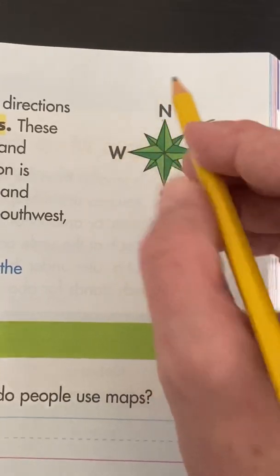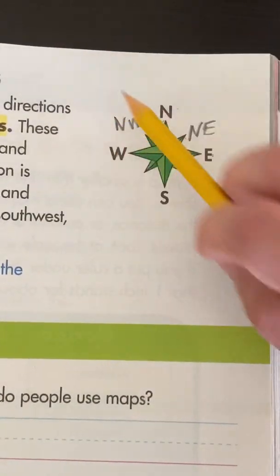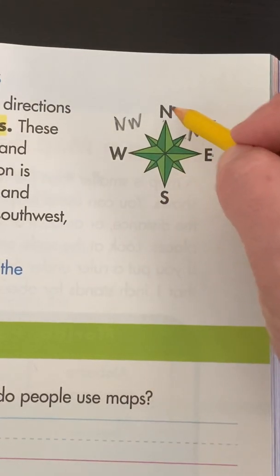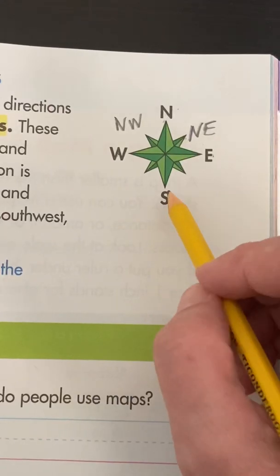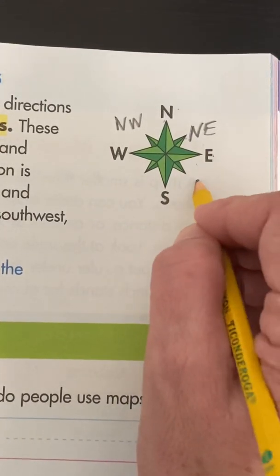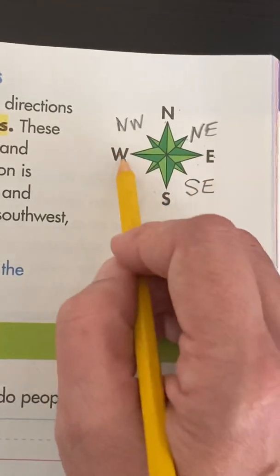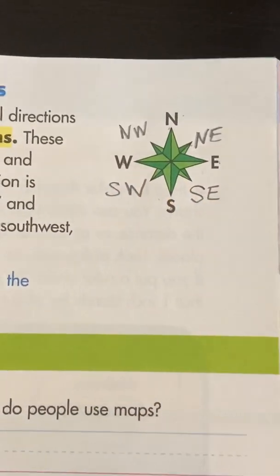So this intermediate is going to be northwest. It's kind of at a diagonal, right? We always start with north or south. So here, in between the south and the east, it's going to be southeast, and in between the south and the west, it's going to be southwest.